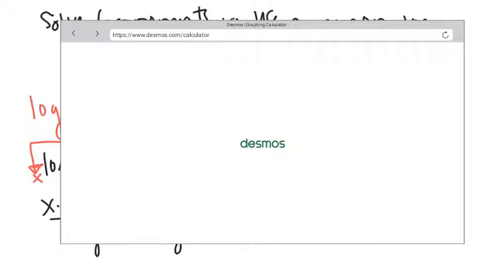All right, so I did shrink this earlier and got it to work, but I guess not right now. All right, so we had log of 181, so I'm going to type that in.